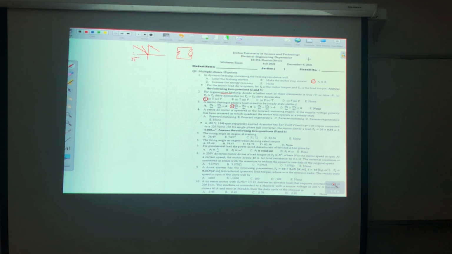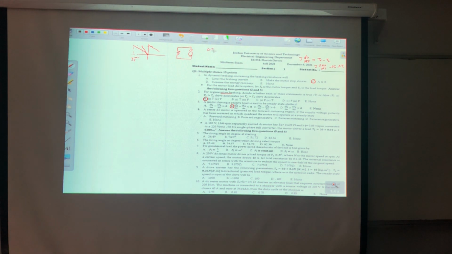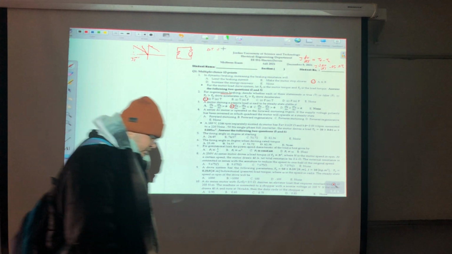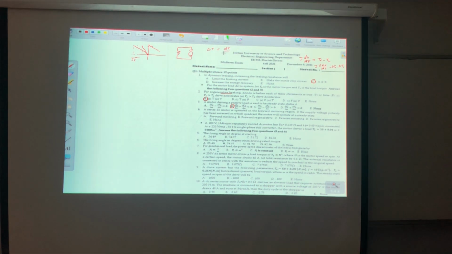Now do you remember the differential equation? J d omega by dt is equal to Te minus Tl. If I do a variation, this will be J d delta omega by dt equals delta Te minus delta Tl. Now, delta Te in general can be represented as partial T by partial omega times delta omega, correct?